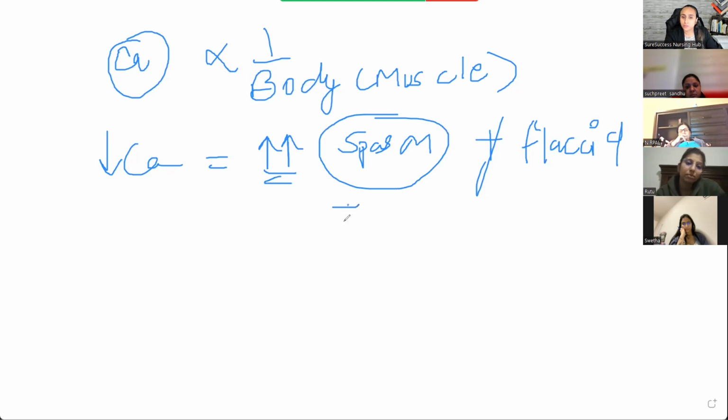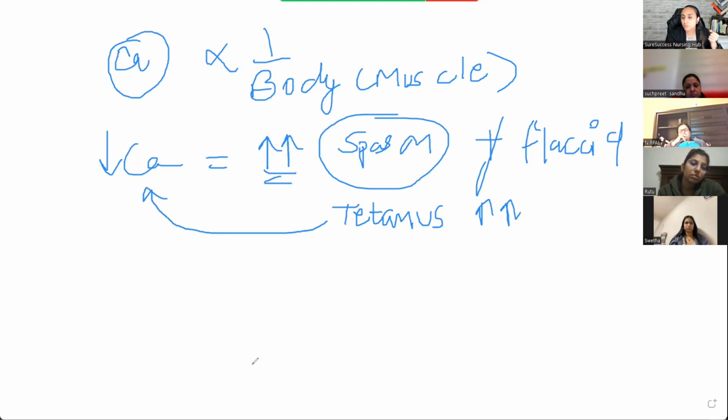So tetanus, for example. What is tetanus? It means you are having muscle spasm. Tetanus is muscle spasm, and it happens because of low calcium. So when you see the signs and symptoms, it is opposite, and calcium is related with the muscle and nervous system.